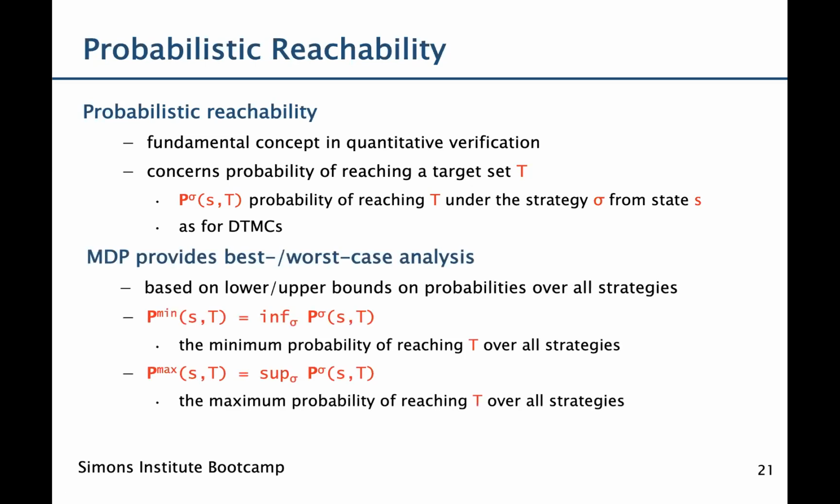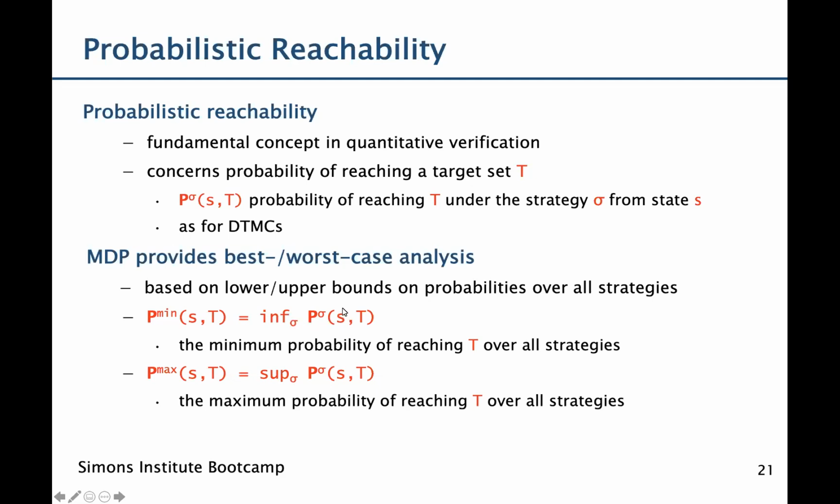So if we consider an MDP, well, we've got a set of possible strategies. So we can do the best or worst case analysis. So this is the lower or upper bounds over all strategies. So we can either consider the minimum probability of reaching the target starting from state S. So here we take the infimum over all strategies.